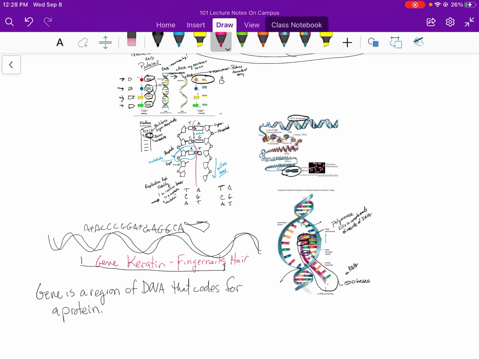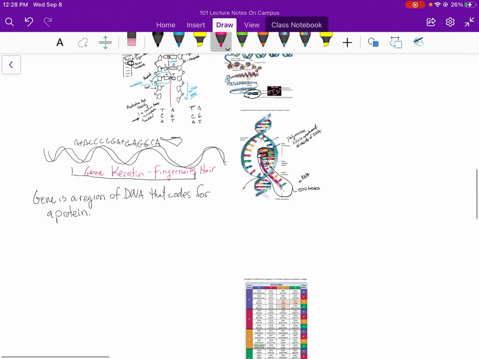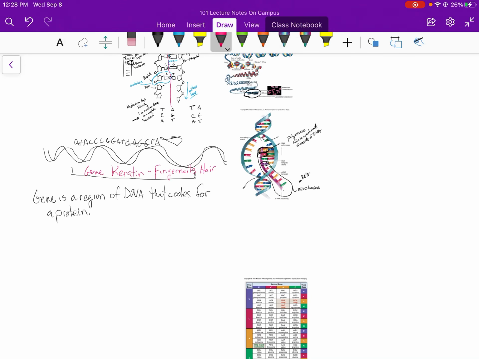Now let's imagine that somewhere in your DNA you have a region that codes for keratin, and what we would look for is how does that gene get expressed. And the way that it gets expressed is you have, from that sequence, you read a sequence of messenger RNA that is transcribed, right, like this picture, right?